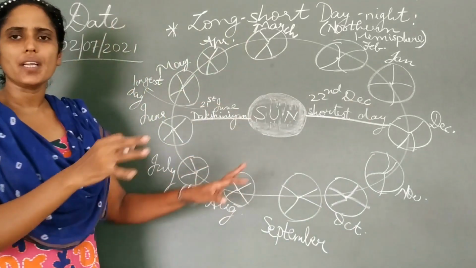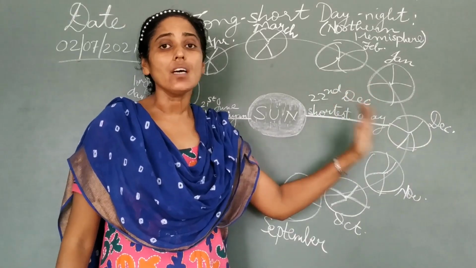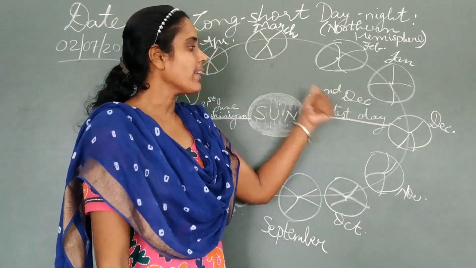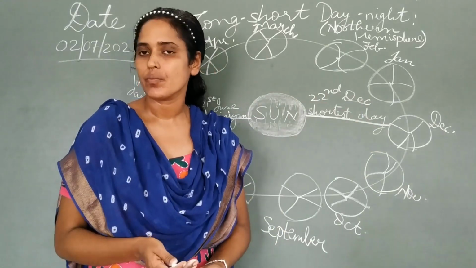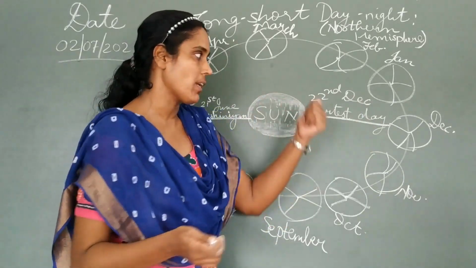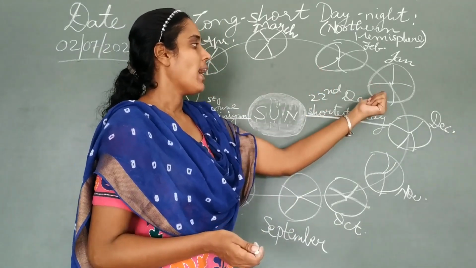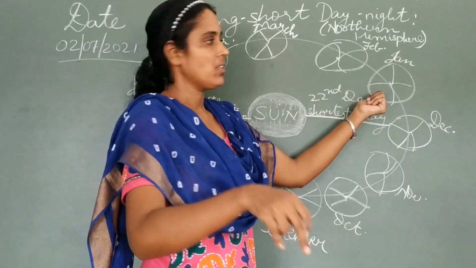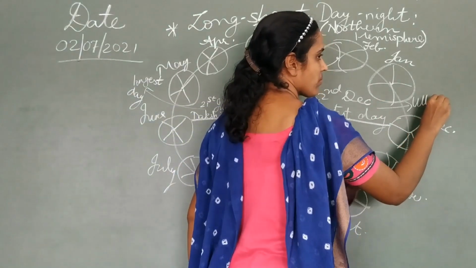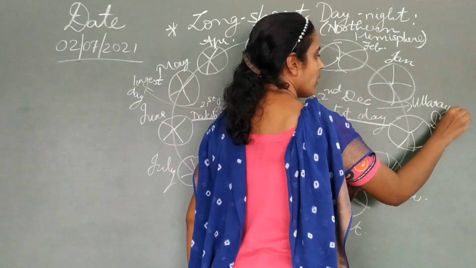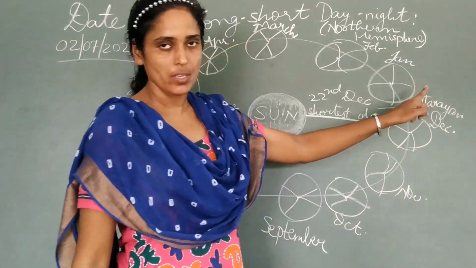And here actually Uttarayan falls on this day, but we celebrate Uttarayan on 14th January according to religious customs and traditions. But actually Uttarayan is the day on which you have your 22nd December. So put an arrow here and write Uttarayan. You can write Uttarayan over here and shortest day over here. That's your wish. Okay, students?